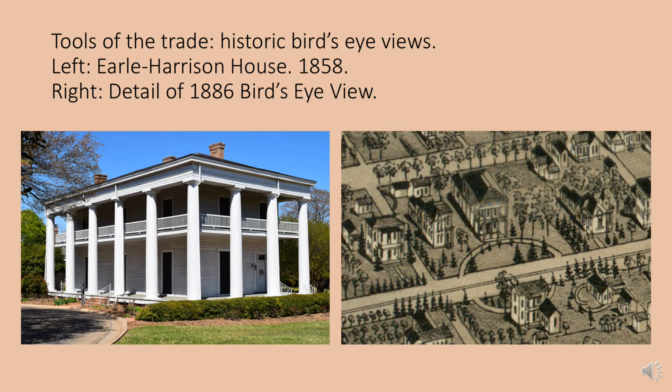And these views, this one was done in 1886, are quite remarkable because they can tell you something about the landscaping of the house, the neighborhood, how close neighboring houses were. It's quite interesting here to see that the Earl Harrison House was set in the middle of the block, really just halfway between 4th Street and 5th Street. So it required several lots to build on.